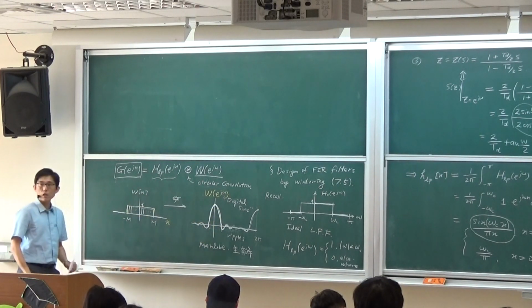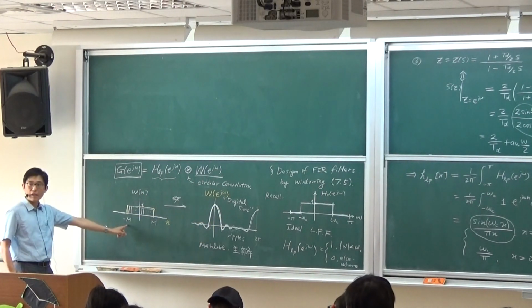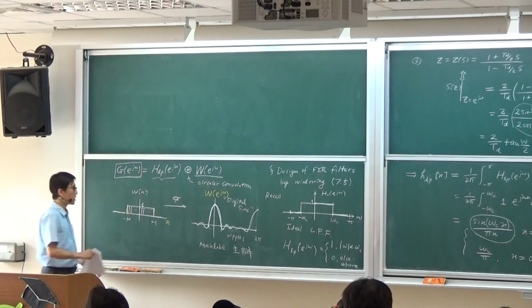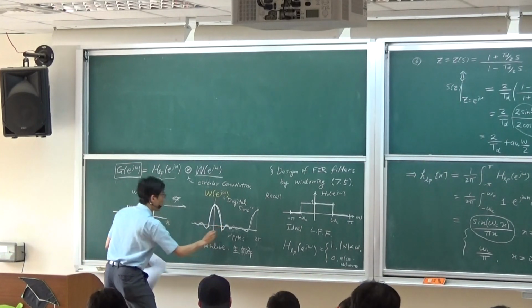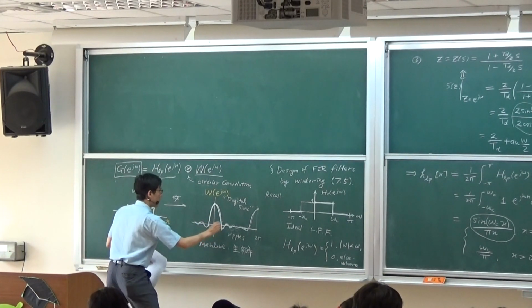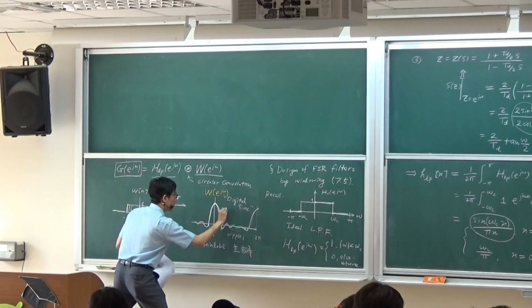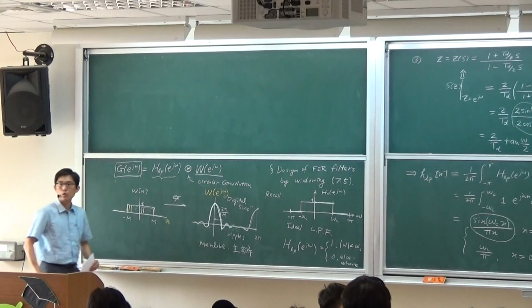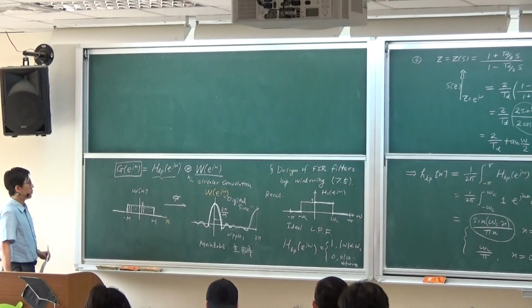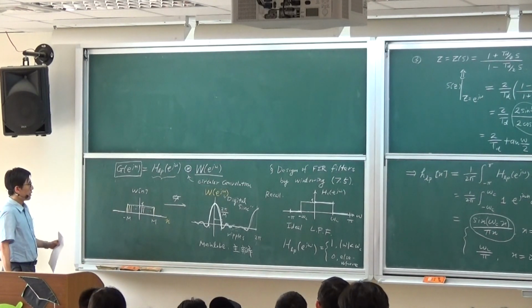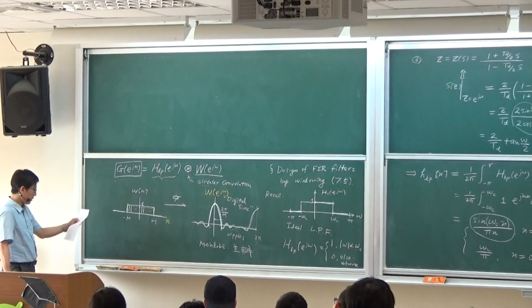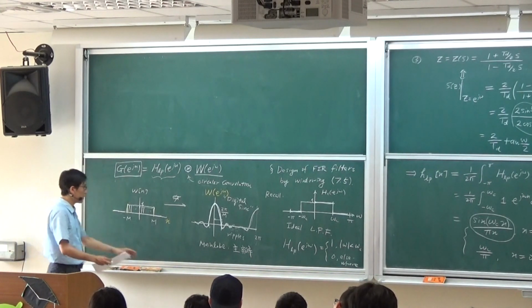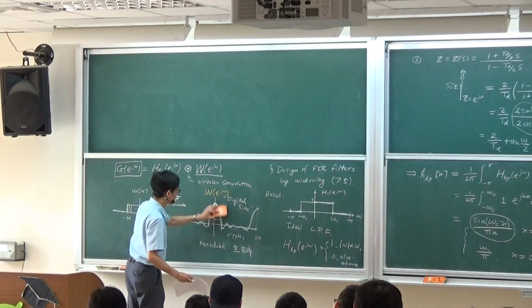And the width of the main lobe is inversely proportional to the length of time. Let me make it very clear that the width of the main lobe is exactly going to be 2 pi divided by n. Wait, I might be wrong.